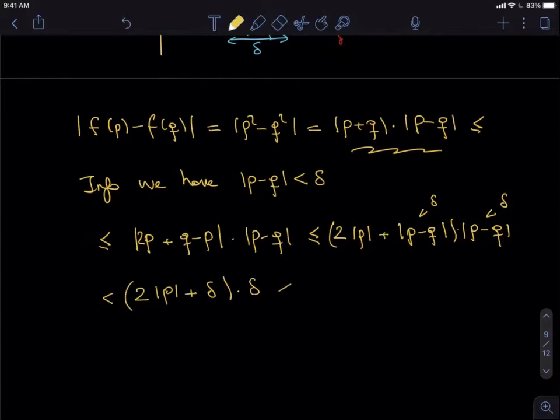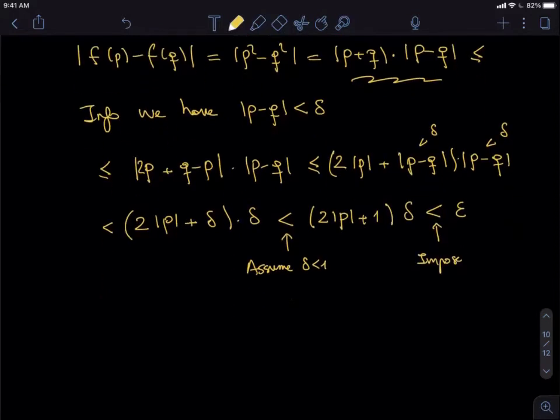Well, actually, because we are interested in small delta, we can assume that delta is less than 1. So this is less than 2p plus 1 times delta. And now if we want this to be less than epsilon, that means that our delta has to be less than epsilon divided by 2p plus 1.